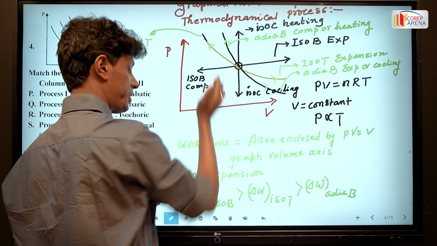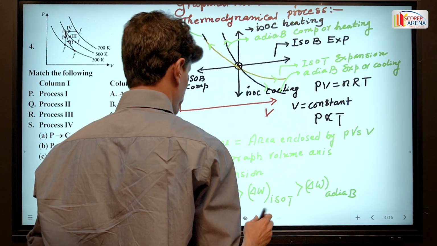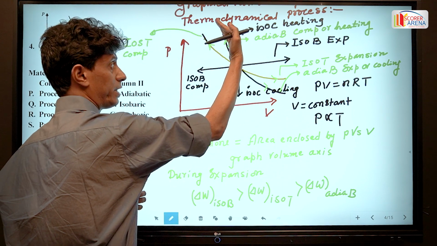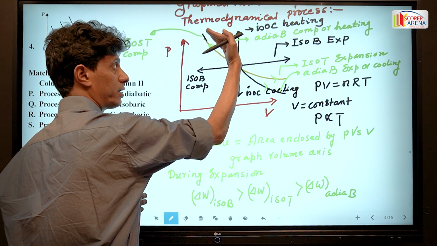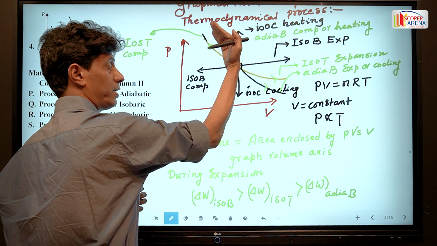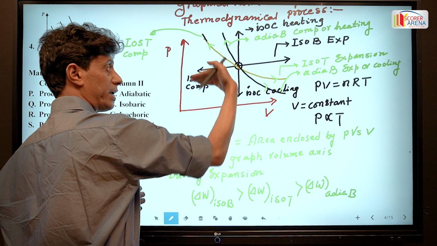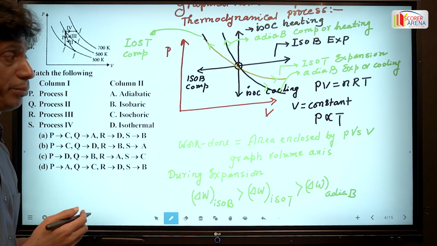So during compression, work done, that is area covered by adiabatic process, then area covered by isothermal process, then area covered by isobaric compression.